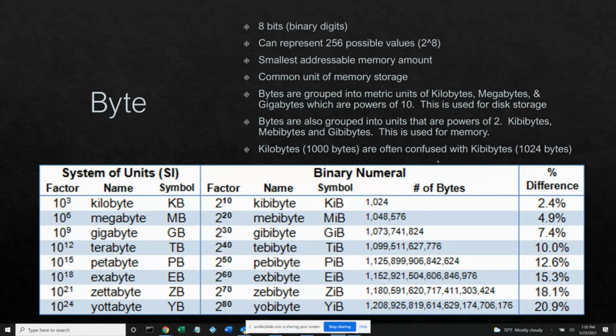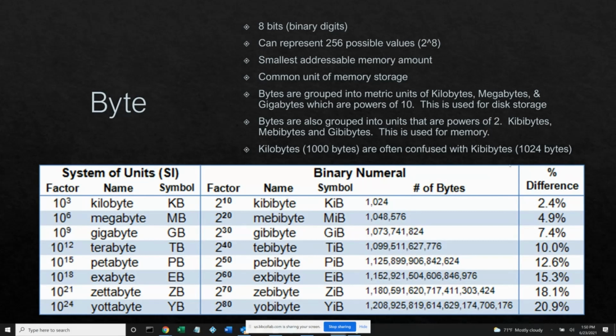In the old days, a kilobyte actually was 1,024 bytes, but the new standard has come out. If you go out to buy a hard drive, you will find they are using kilobytes as 1,000 bytes. So the universal standard these days is, if someone asks you what's a kilobyte, that's 1,000 bytes.